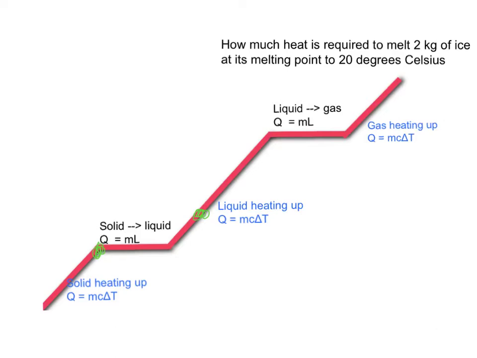Okay, now let's think about what has to happen. What processes are going on? We have to melt the ice, so we need to use Q equals ML, and then we need to change its temperature. So we need to find the heat to melt it, and then the heat to change its temperature. So far, so good?